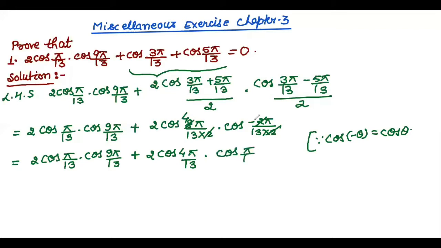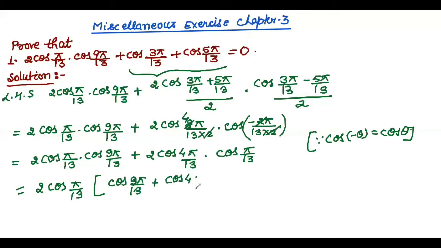In place of minus pi by 13, I have written pi by 13 because cos of minus theta equals cos theta. Now you can see cos pi by 13 with 2 is common in both the terms, so we can take 2 cos pi by 13 common. Here we are getting cos 9 pi by 13 plus cos 4 pi by 13.